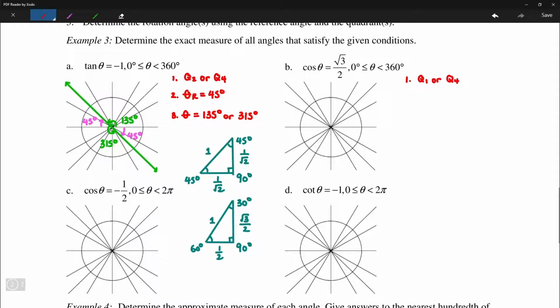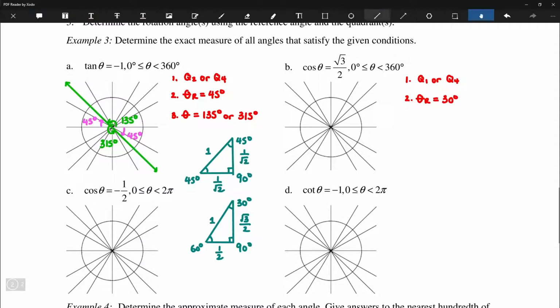The reference angle in this case, if we are looking at our triangles, we're looking for the adjacent over hypotenuse to be root 3 over 2, so we must be looking at 30 degrees and root 3 over 2 here. So the reference angle is 30 degrees. So that's step number 2. Theta r is equal to 30 degrees.